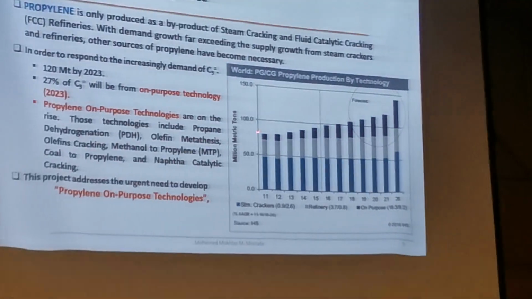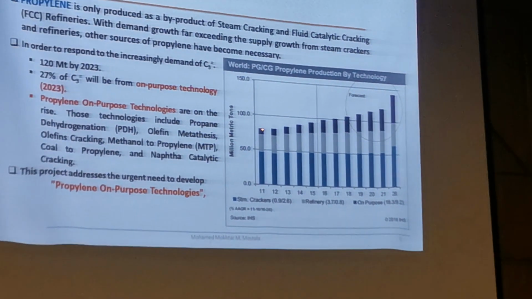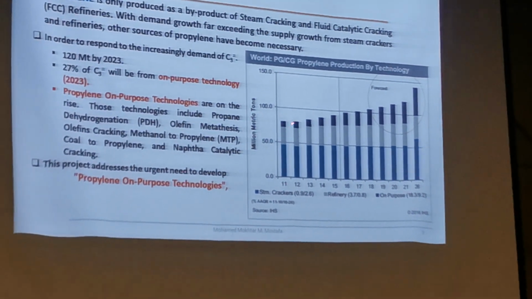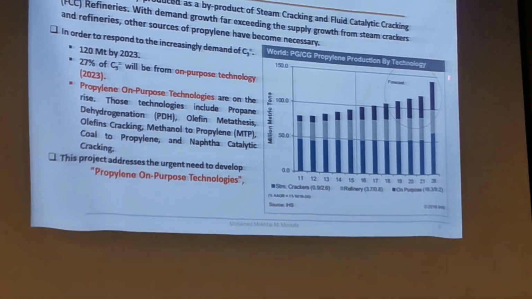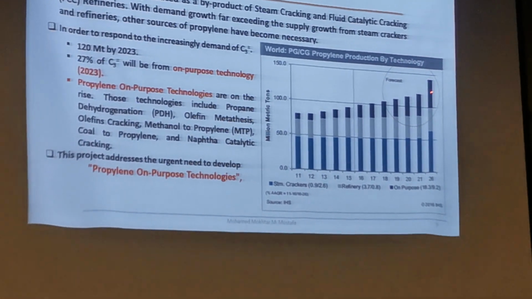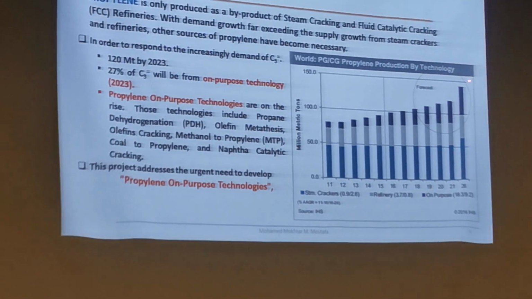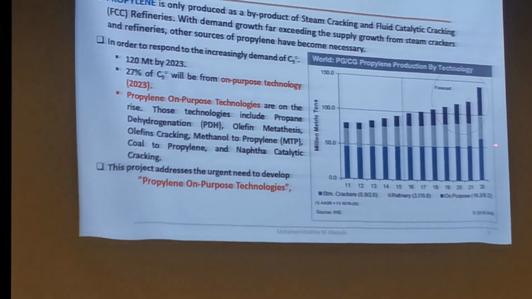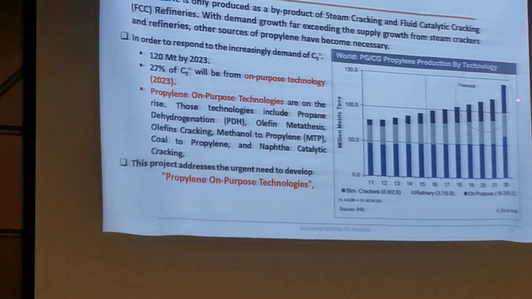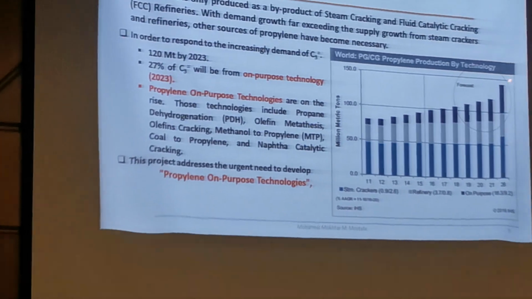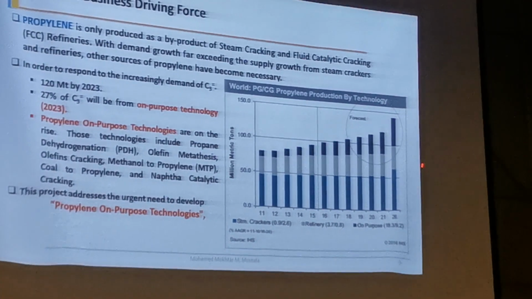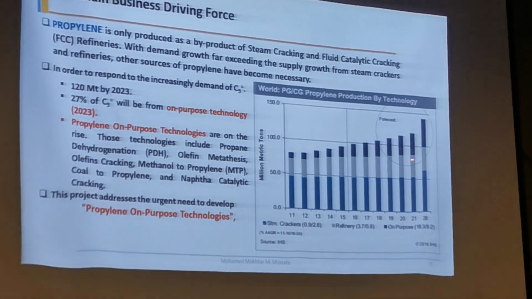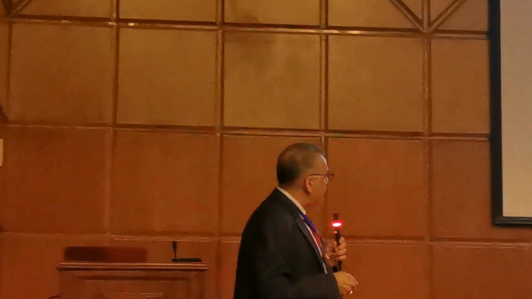But this very small dark blue represents on-purpose production, the other sources for producing propylene, and the forecast for 2026 is for it to increase to be equal to the refinery, and by this way we could increase the production of propylene.